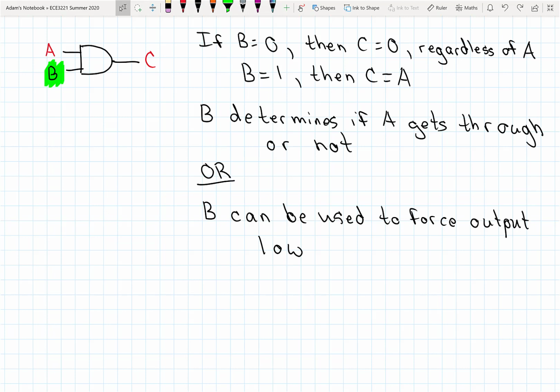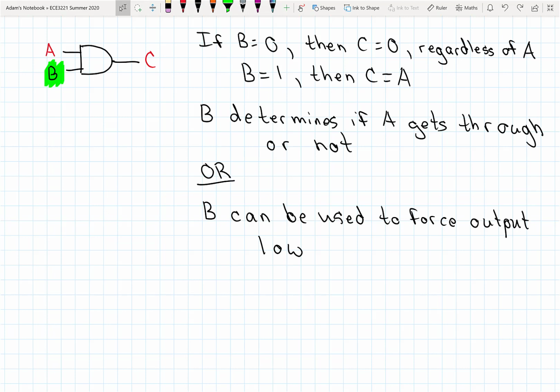Or again, thought of another way, if I use B as a means of determining whether the signal gets through or not, right? And we might use this AND gate as a gating device to decide whether the signal that's coming from somewhere else in the system is allowed to get through, right?